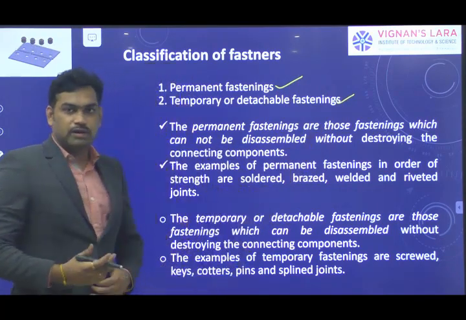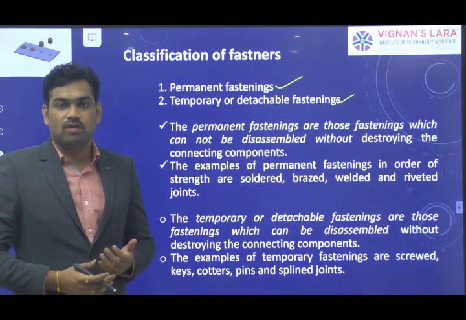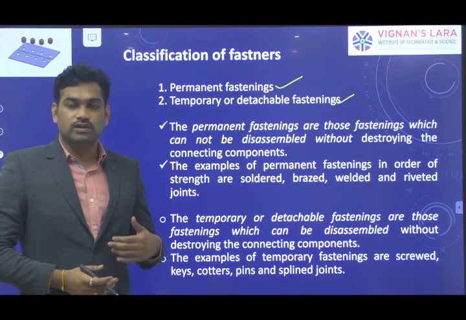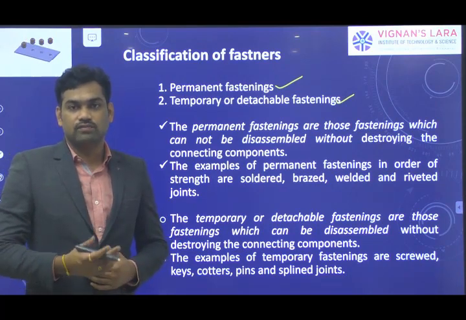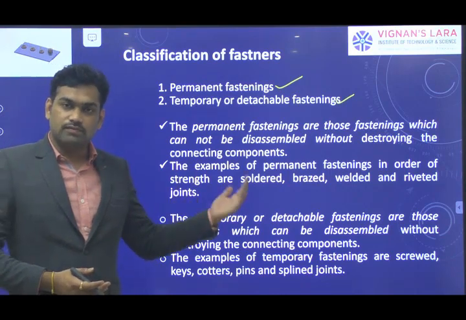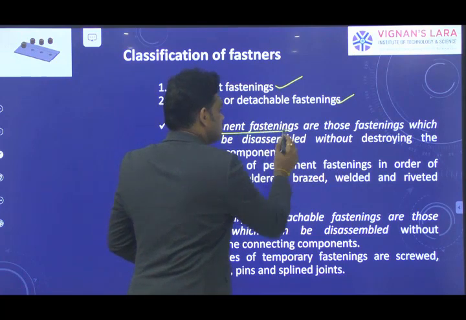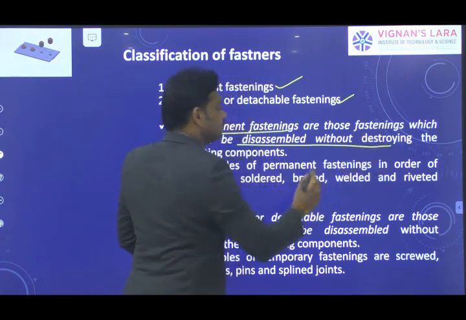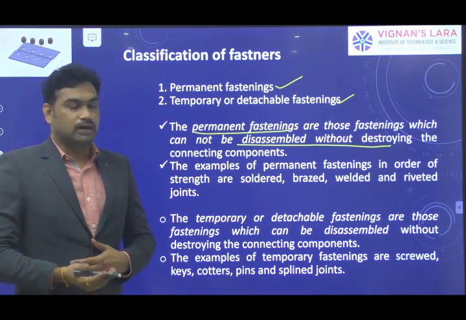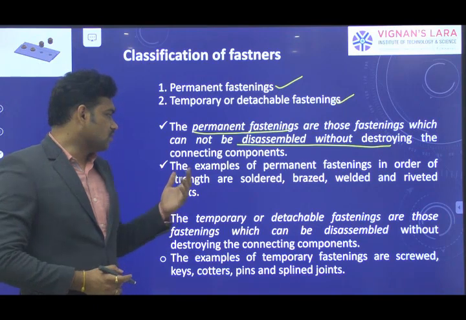Permanent fasteners are those where, if you want to disassemble the two machine components, we need to destroy or damage one of the machine components.